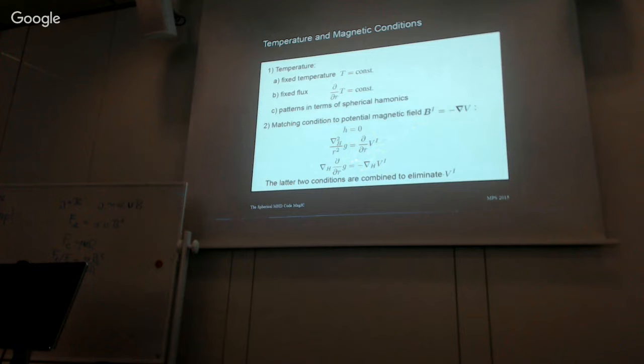So, for example, you can take the horizontal divergence of this one, the radial derivative of this equation, and then the right-hand sides are the same. And then you end up with a condition just for G. Most people call this a boundary condition because it only involves G. But actually, it's a matching condition.